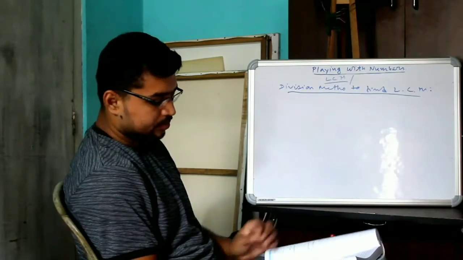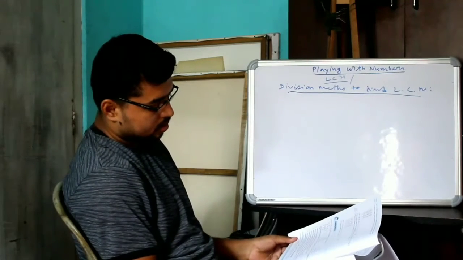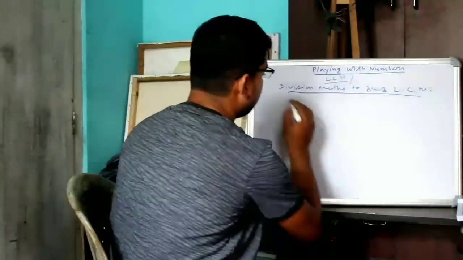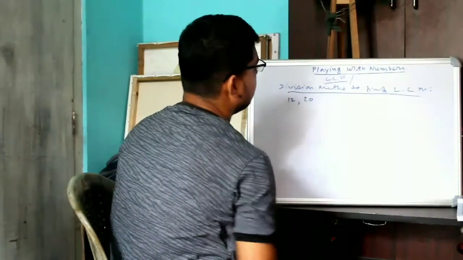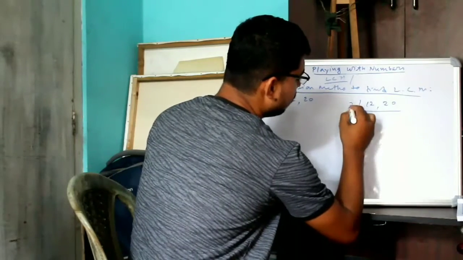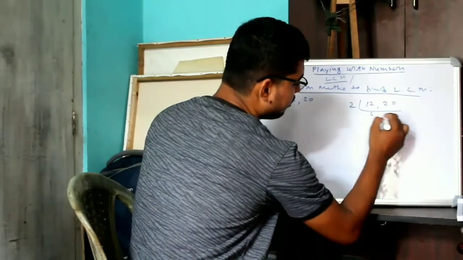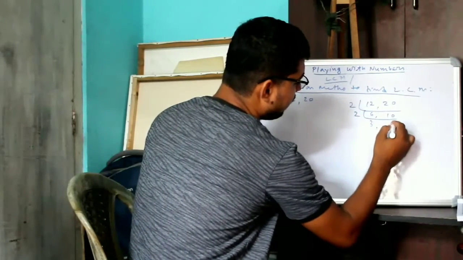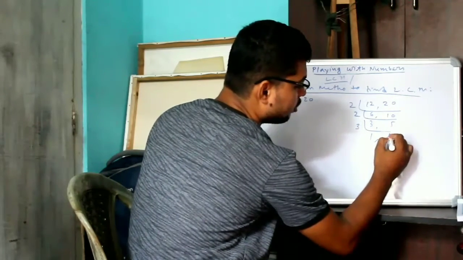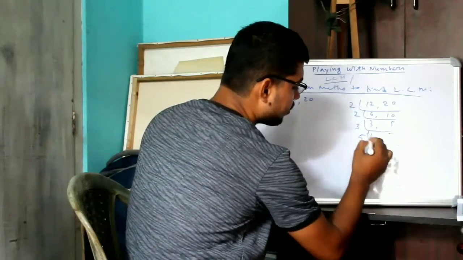So how to divide the numbers to find LCM? Let me check for any two numbers, for 12 and 20. So how to divide 12 and 20. Divide by 2: 6 and 10. Again 2: 3 and 5. Again 3: 1 and 5. 5 is not divisible, so 5 is 5. Again 5: 1 and 1.